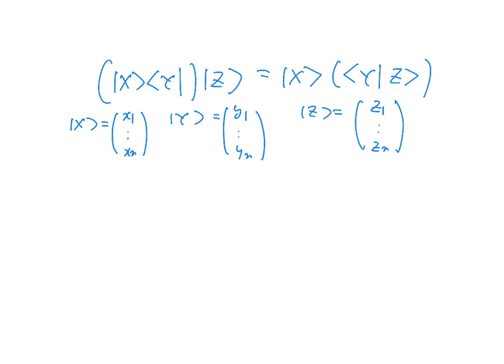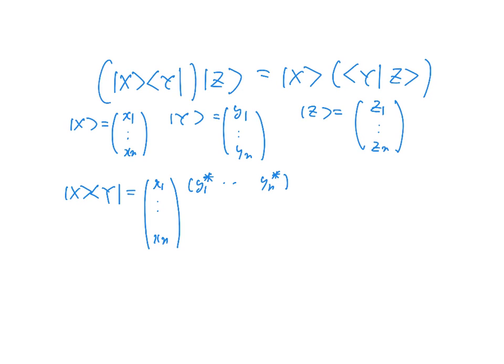So the outer product of x and y is x1 to xn times y1 complex conjugate to yn complex conjugate, right?